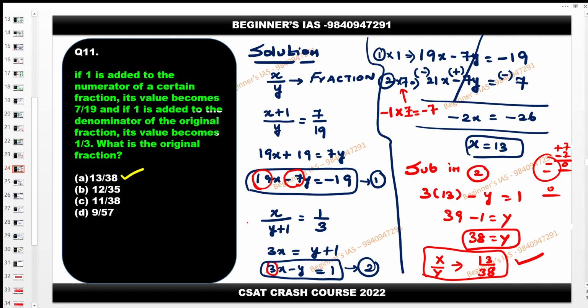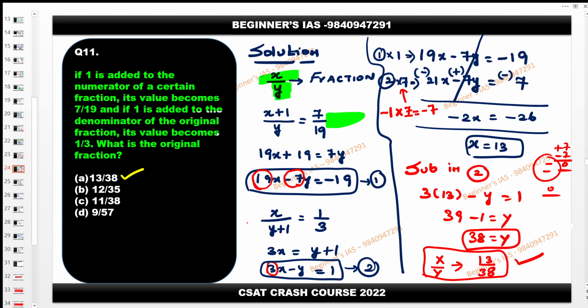Listen. Let me take the original fraction as x by y. 1 is added to the numerator. Nothing happened in the denominator. So after this, it will become 7 by 19. Take this as equation one. This we have already done in our number system part 1 class itself.